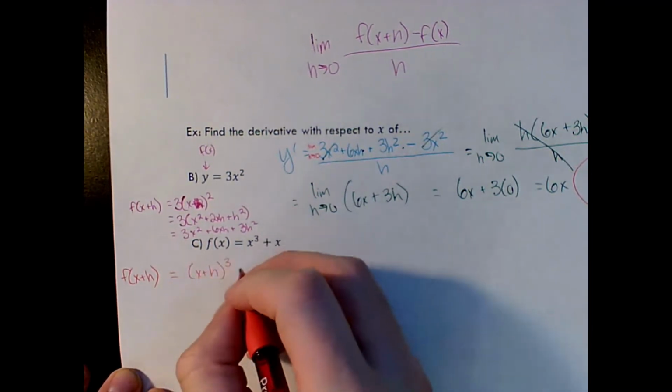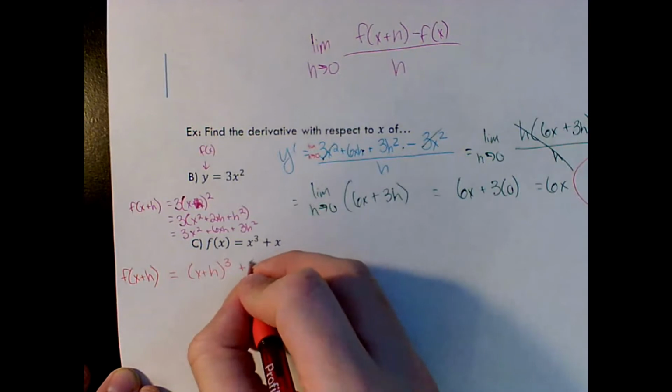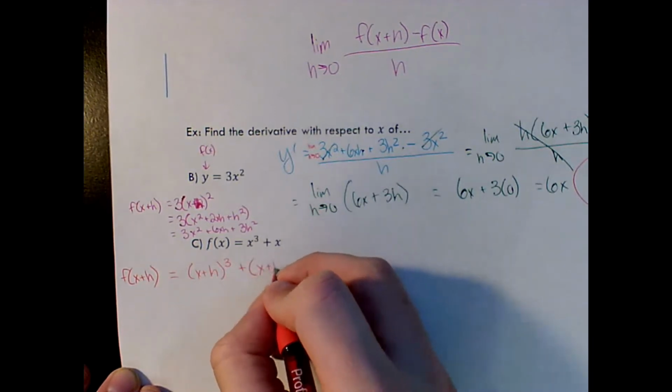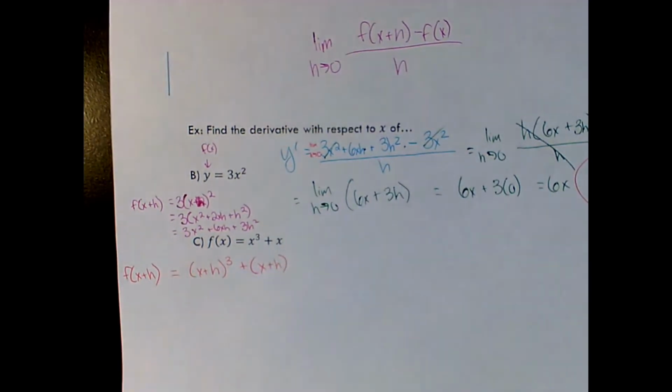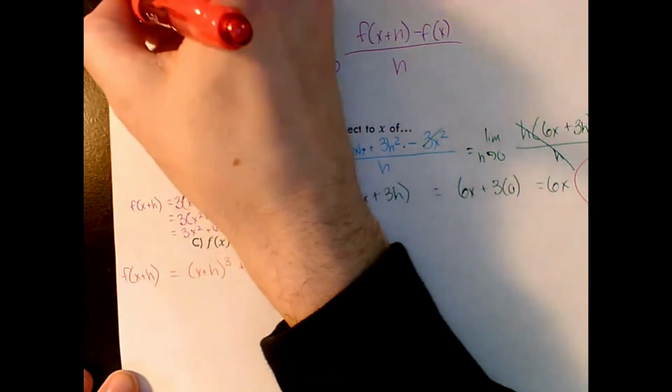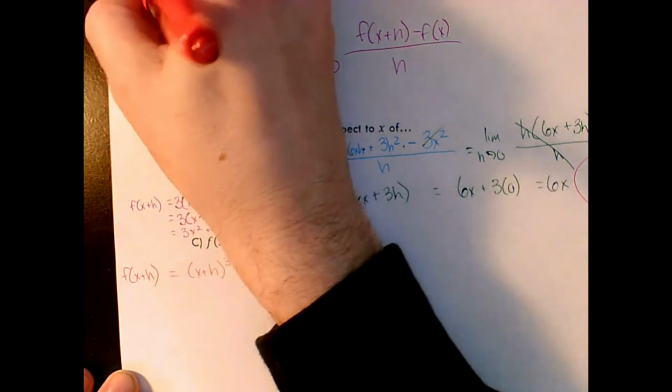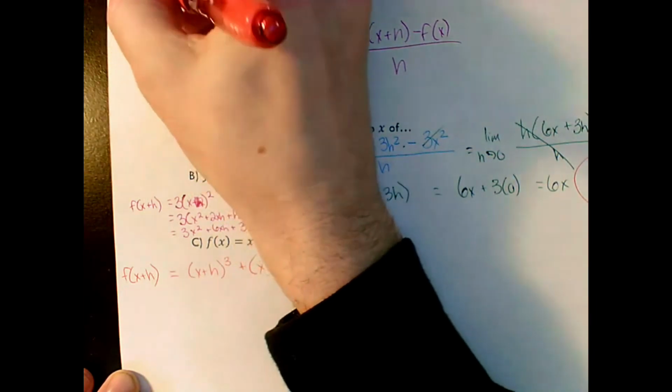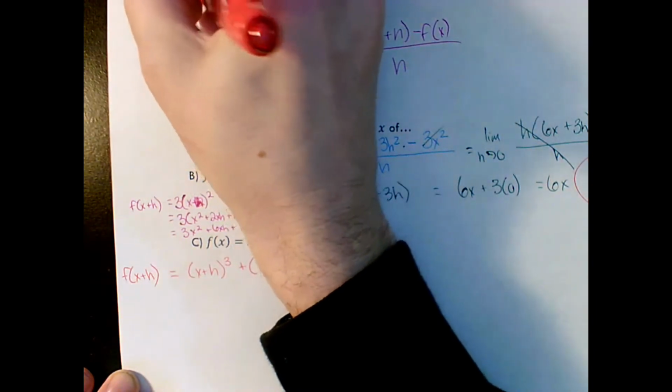So that is a cubic, which we haven't done yet. Gross. My part's not going to be so bad. In case you forgot, I'll write it up here so I've saved myself some room. If you have x plus h cubed, that's the same as x plus h times x plus h times x plus h.